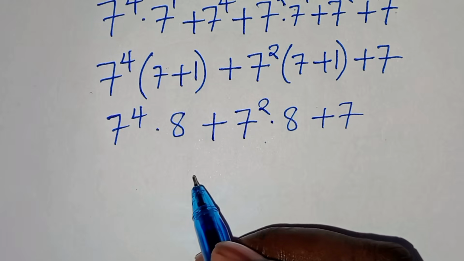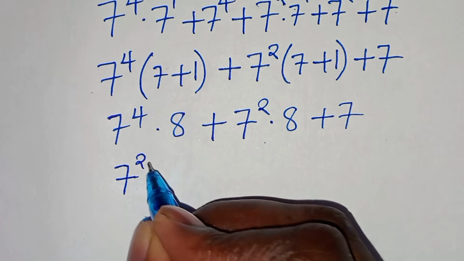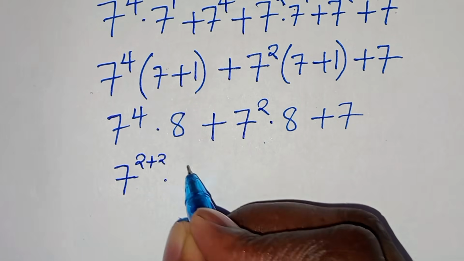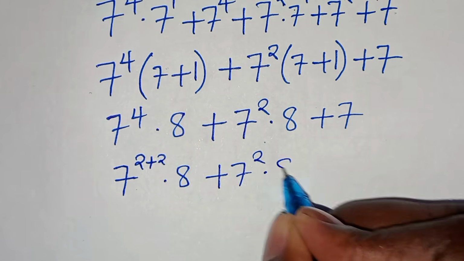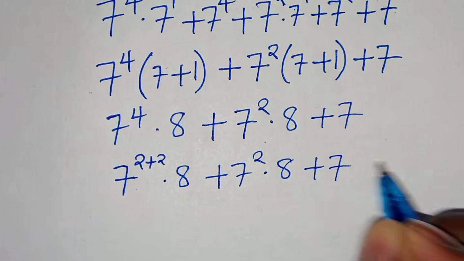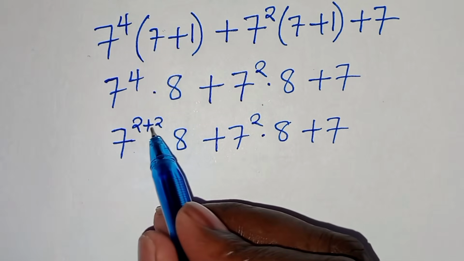The next step is that 7 to the power of 4, this is the same thing as 7 to the power of 2 plus 2, then times 8, then plus 7 to the power of 2 times 8, then plus 7. Now, we can express 7 to the power of 2 plus 2.